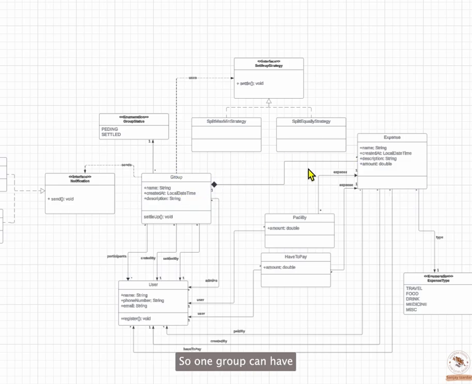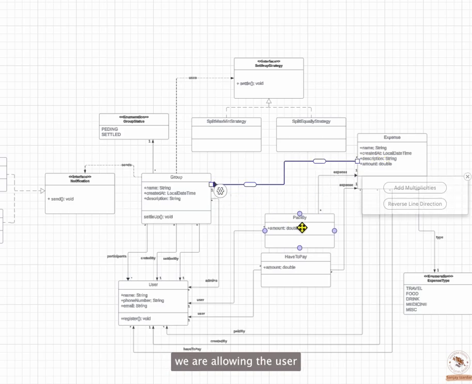So one group can have multiple expenses, and that's why we have the composition relationship, because without a group there would be no expenses. But ideally in our application we are allowing the user to create an expense in a group and without a group, right? So this would be just the dependency relationship like this.